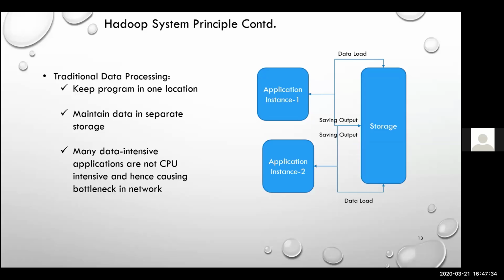So the traditional data processing techniques are sufficient. But if we follow this approach for computing on a large data store, that might take a lot of time. So this approach has to be changed.